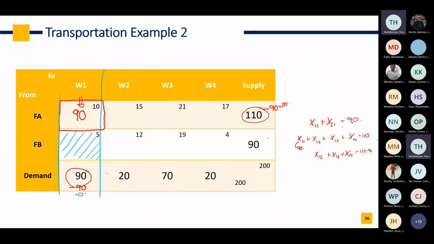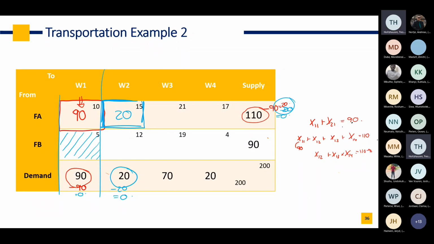So then we move on to the next northwest corner, which happens to be here, and we follow the same approach. In this situation, we investigate the 20 and the 20. Both of them are the same thing, so we shove 20 there and subtract it there and subtract it there. 20 minus 20 is equal to 0.